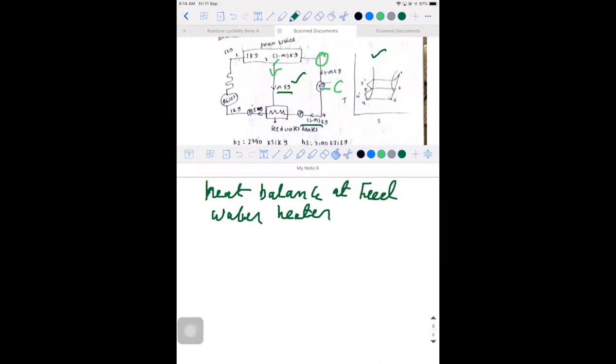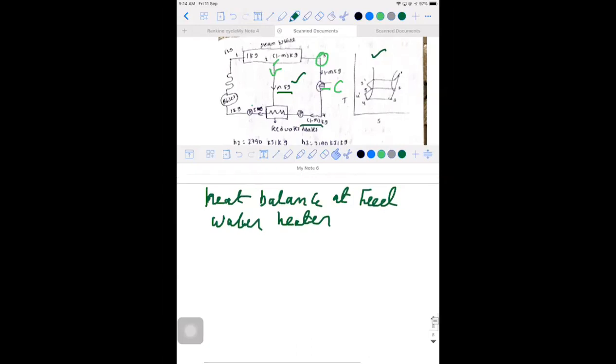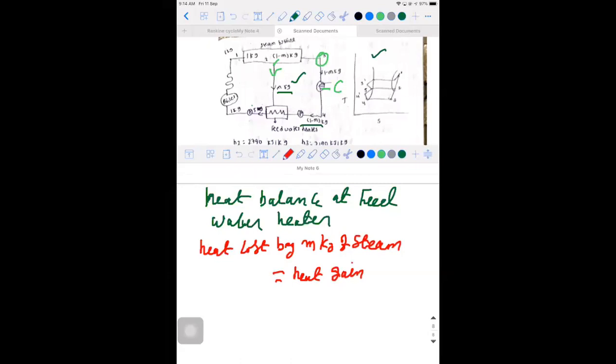So heat lost by m kg of steam is equal to heat gained by 1 minus m kg of feed water.